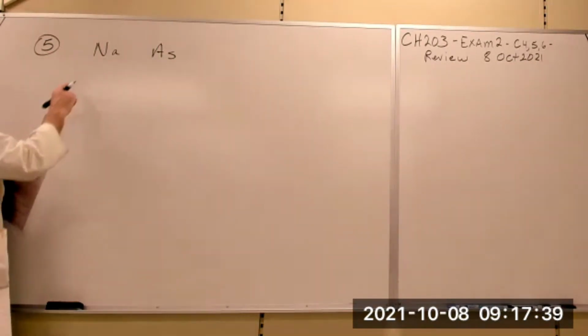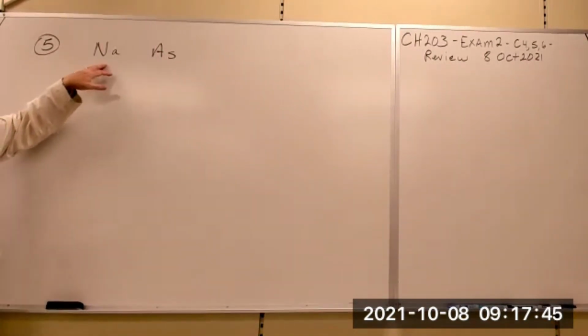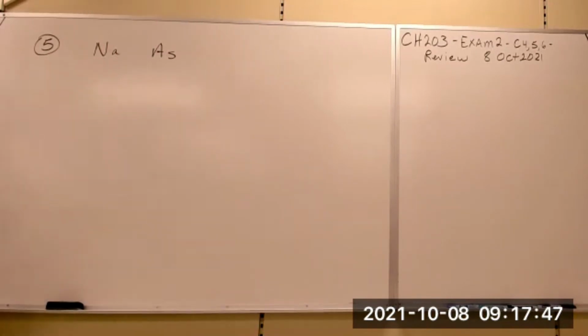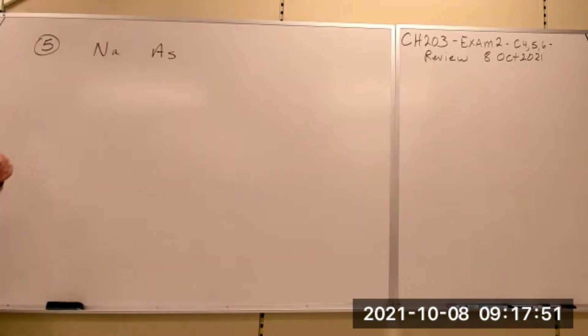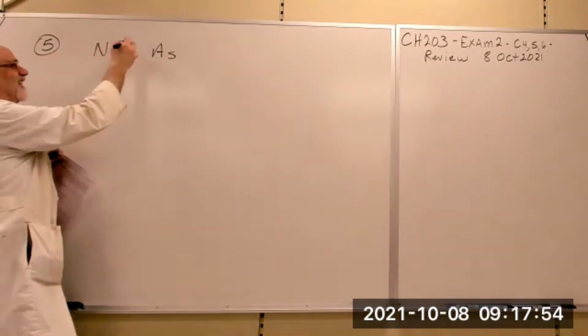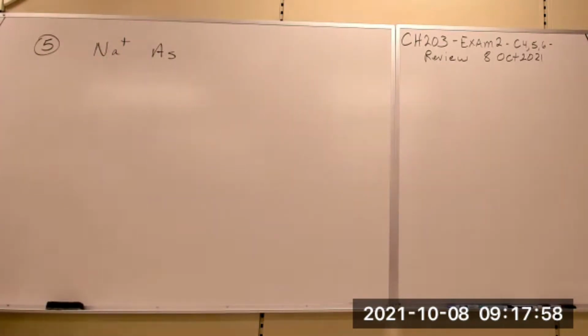Okay, so sodium and arsenic. If we're given that it's going to be an ionic compound, what's the most likely ion that sodium will form? +1, right, minus the 1 electron. So it makes a +1. How about arsenic? Where is it located? It's in the nitrogen group.